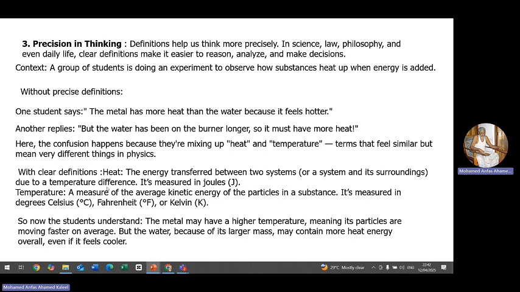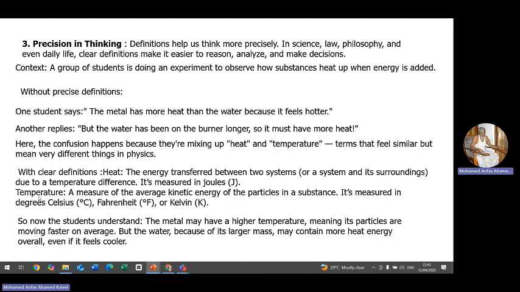With clear definitions, heat means the energy transferred between two systems, or a system and its surroundings, due to a temperature difference. It's measured in joules. So that is the definition of heat.